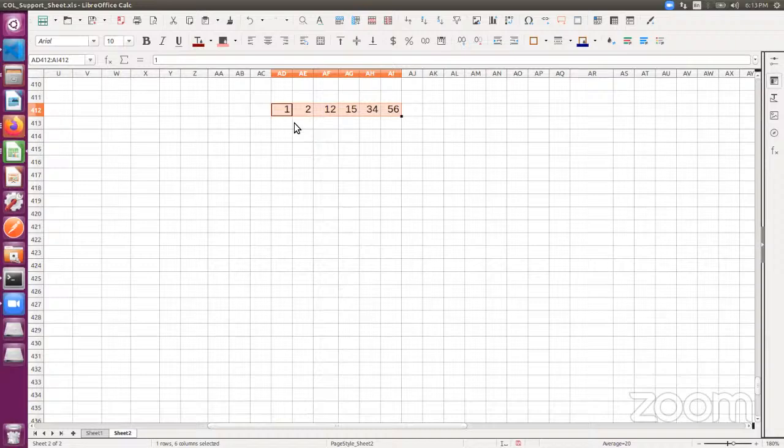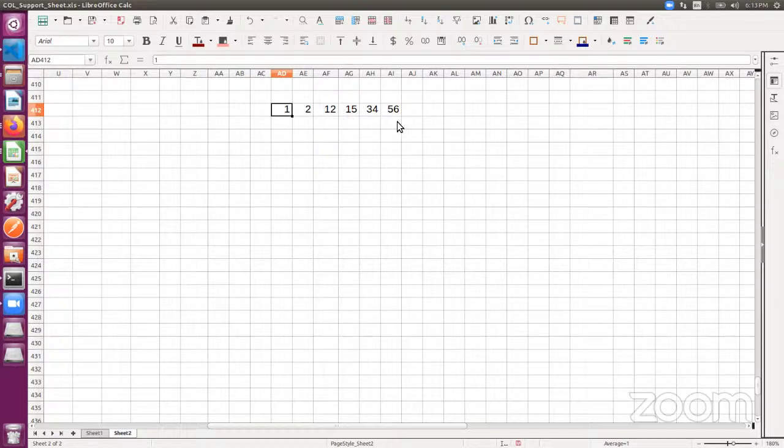Okay. Now what happens? We'll just do a comparison with 1 and 2. They're already in order. 2 and 12, they're in order. 12 and 15 in order. 15 and 34 in order. 34 and 56 also in order. Understood? So everything is in order, right? There was no swapping at all that happened.